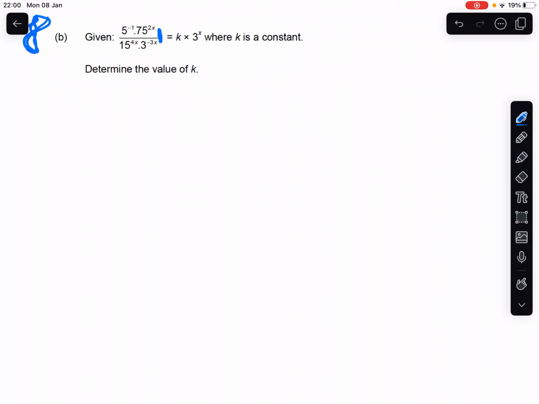We're dealing with an expression on the left hand side that has 4 different bases: 5, 75, 15, and 3.